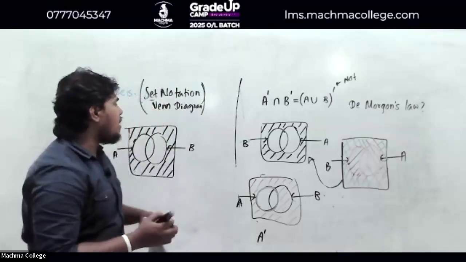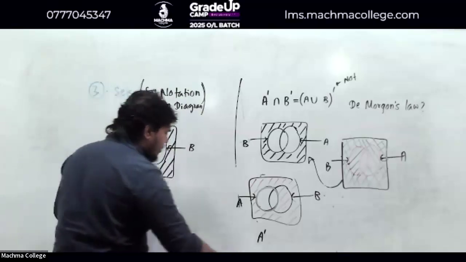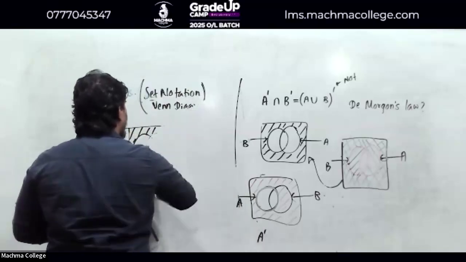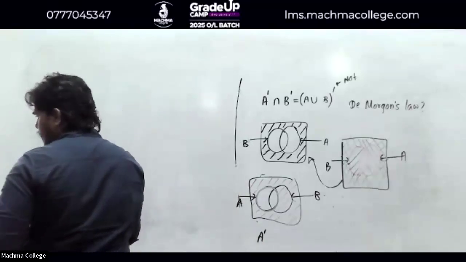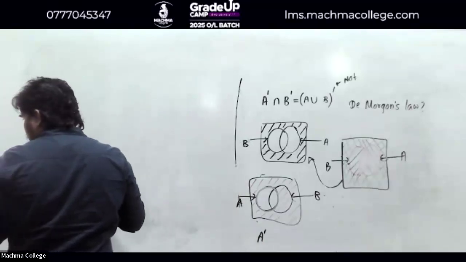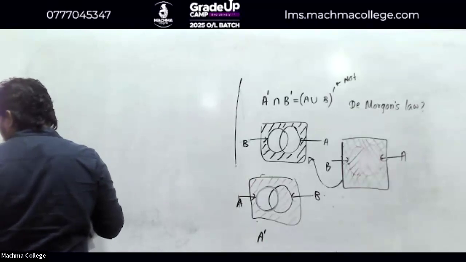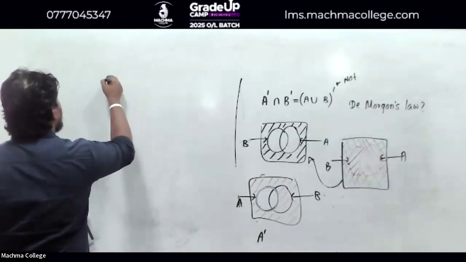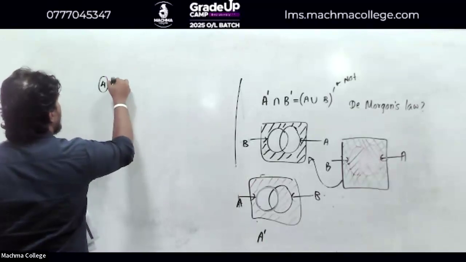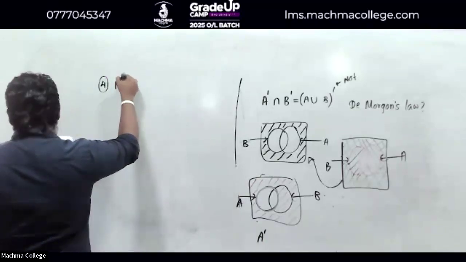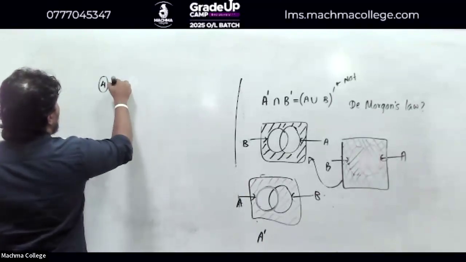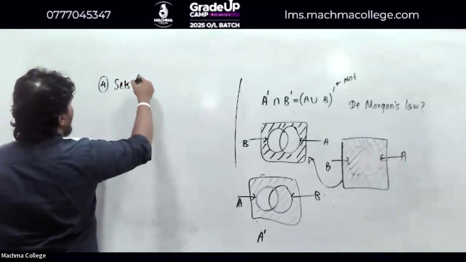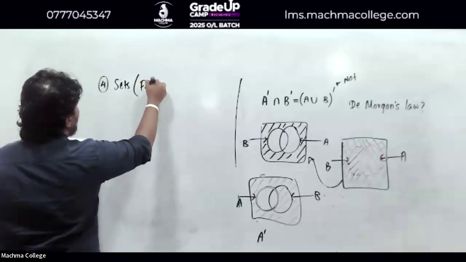Correct, n(A union B) equals 7 in the fourth question.